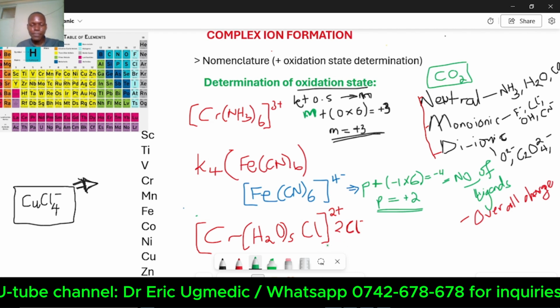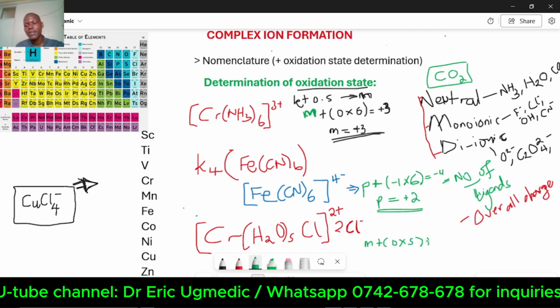Trying out one more, let's look at this one. So this one, we can see that the overall charge is plus 2. And I'll let the oxidation state of chromium be, let's say, M. So M plus, what's the oxidation state of water? It's a neutral ligand, so it's 0 multiplied by the number of water molecules, which are 5.